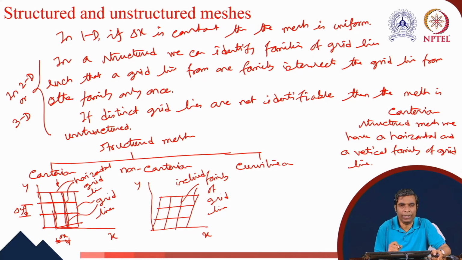This is a non-Cartesian mesh made of straight grid lines. But if the grid lines are curvilinear, then we get the third case where the polar grid is an example. So here we have horizontal grid lines.